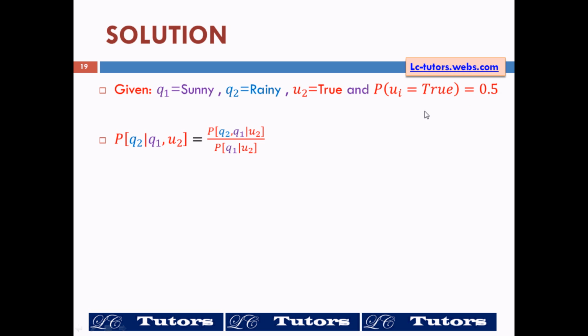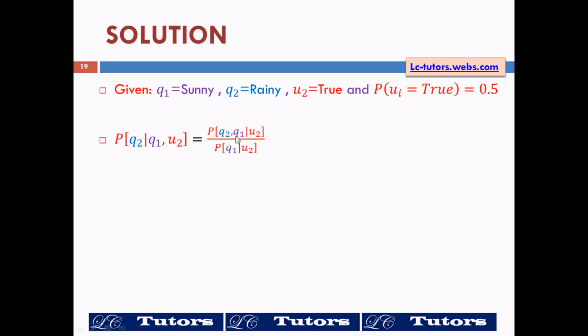We can write an expression here: the probability of q2, the second day, given the first day sunny and the observation event u2, an umbrella on the second day. We know that q1 was sunny and u2 is the umbrella observation. So we need to calculate the probability of q2 given q1 comma u2.